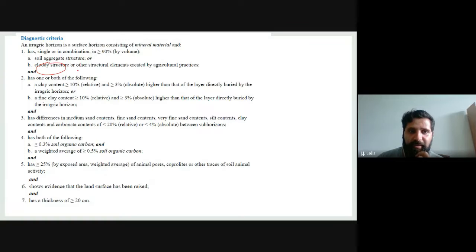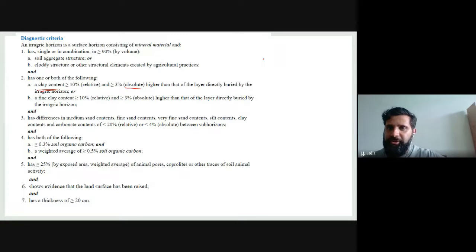We talked about that in the classes where we discussed soil properties and soil morphology. And it should present a clay content of at least 10% relative, or, I'm sorry, 3% in absolute terms, higher than the layer below this surface horizon.